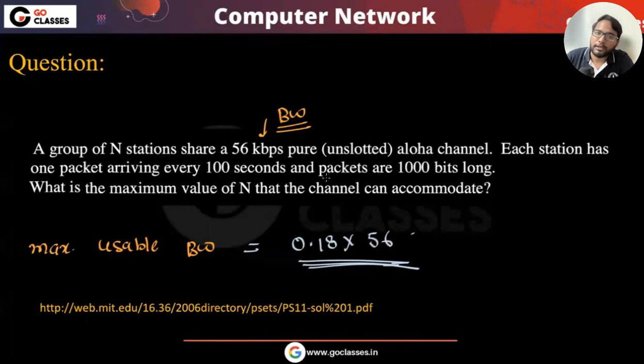Now let's suppose there are n stations. This is basically in kbps.